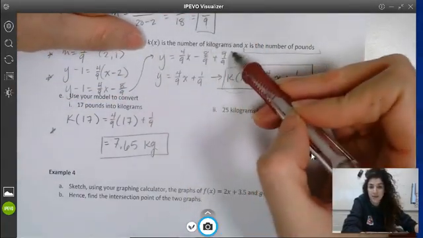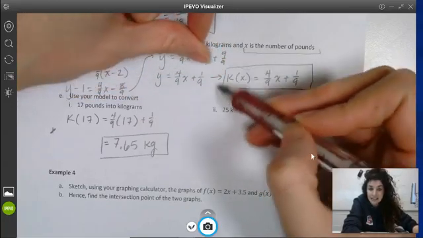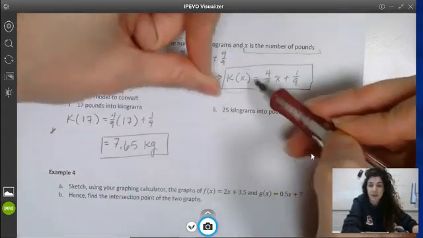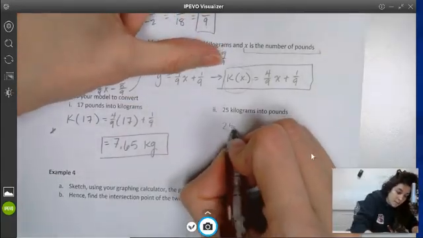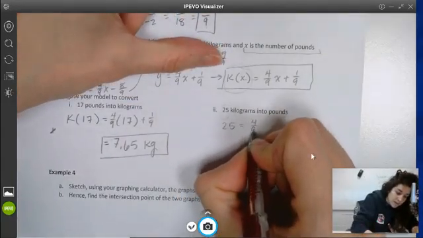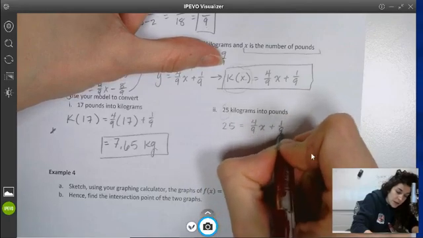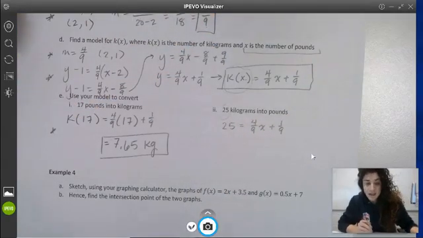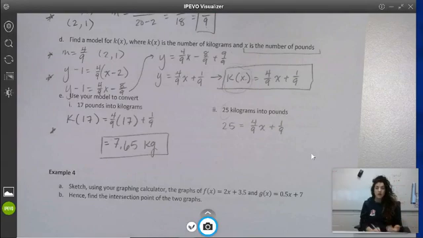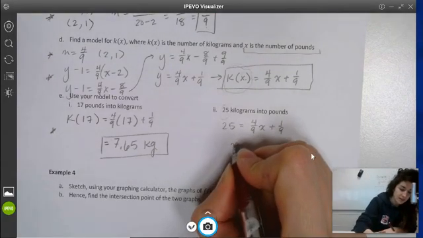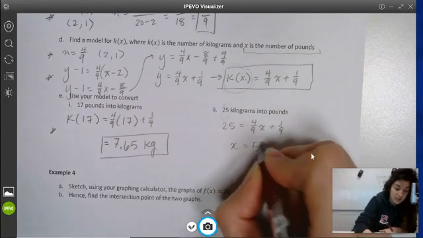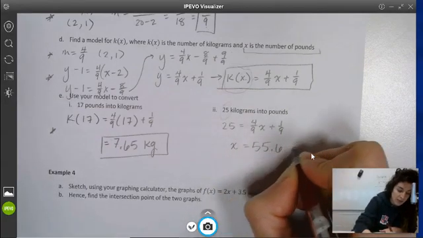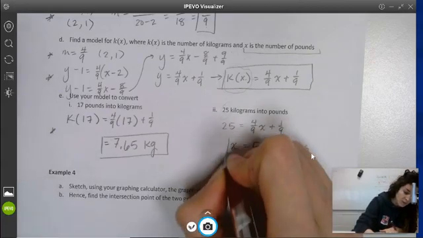K of x is the number of kilograms, so 25 kilograms replaces the number of kilograms. You can solve this algebraically if you would like, or you can use numerical solve. The option's up to you. For pounds, we get to three significant figures, 55.6 pounds.